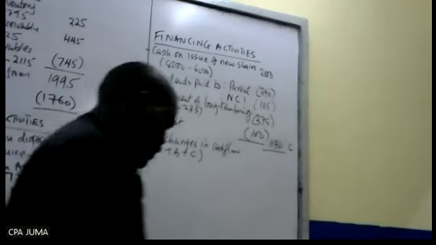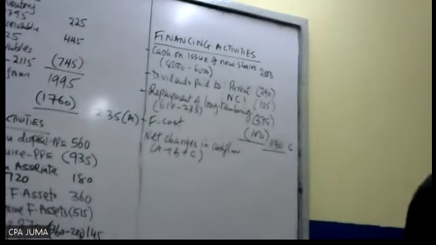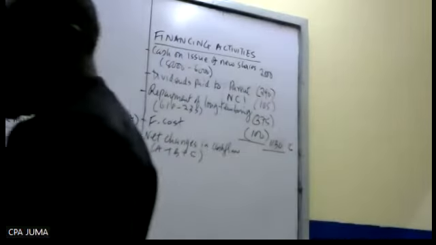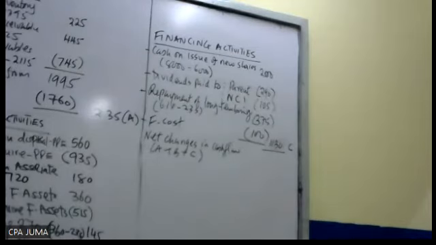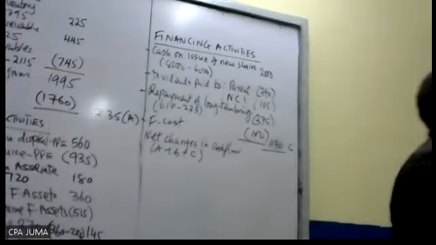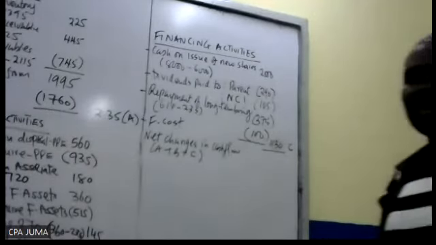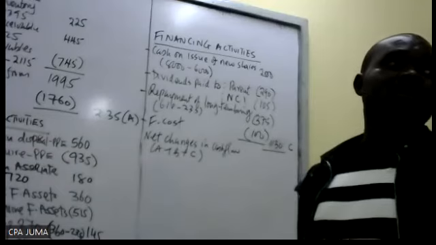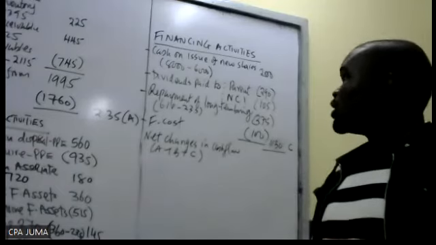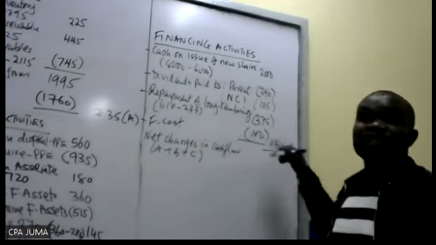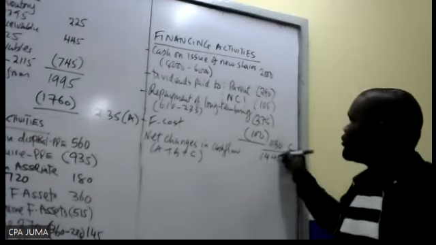That is how far you got, people. It's good. It's very nice. So how much when you add the three? You add 235 plus 75 plus 1130. 1440.